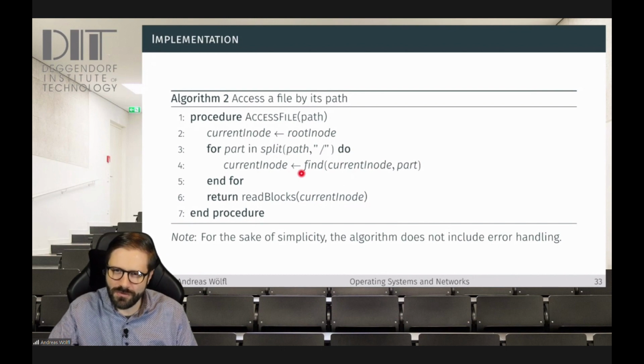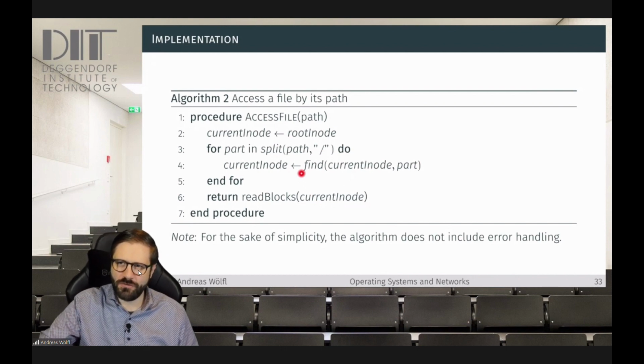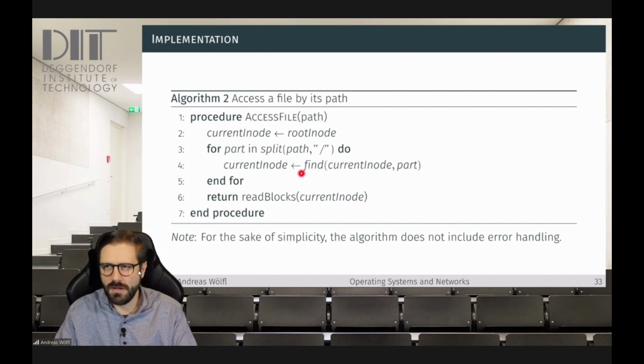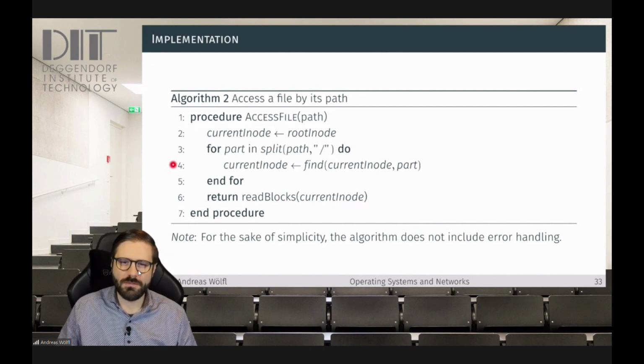Basically, we traverse the path starting from the root directory and searching the inode number for the next step. So starting from the root directory, we search for the inode number for home. In the home directory, we search for the inode number of Wölfe, and so on and so forth.